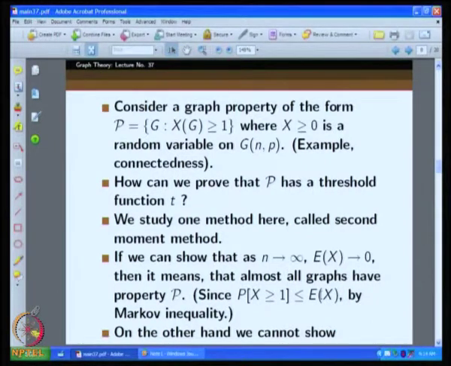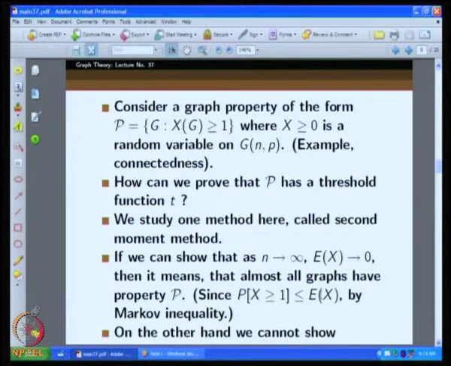So, that is one way of showing that. If you take a certain G and p, maybe if p by t tends to 0 as n tends to infinity, then the expectation of X also will tend to 0, right.